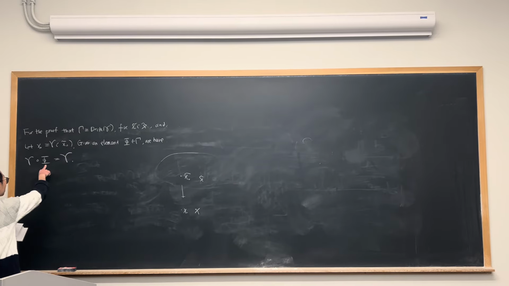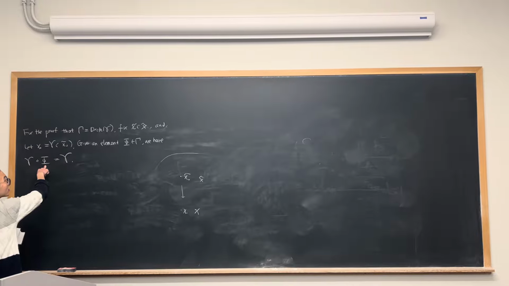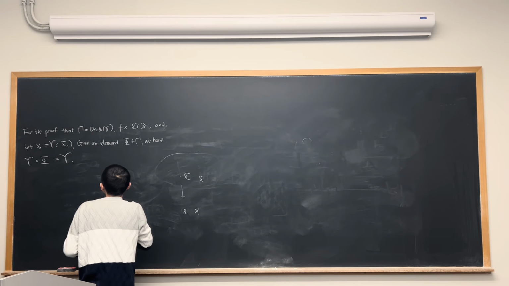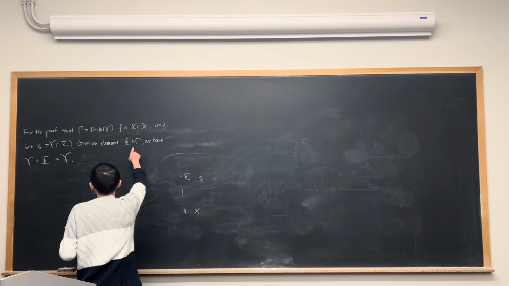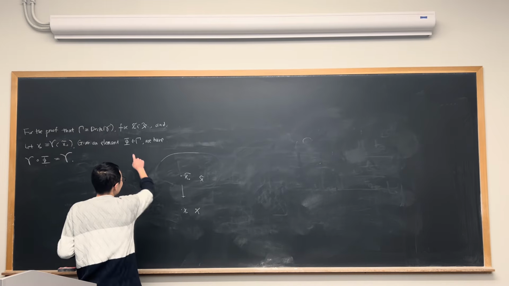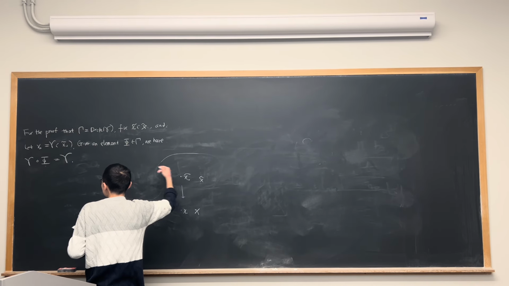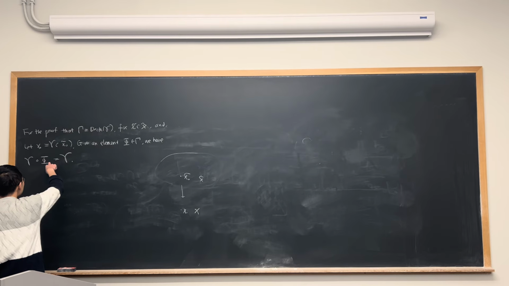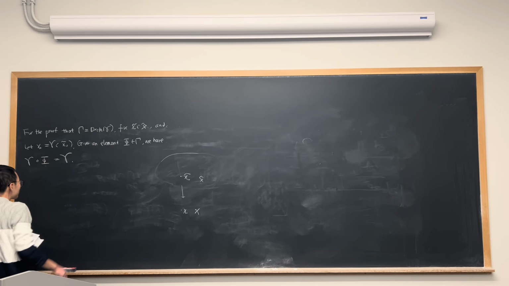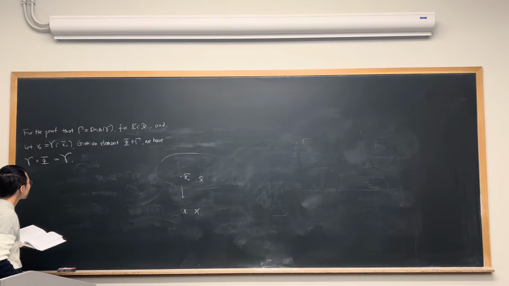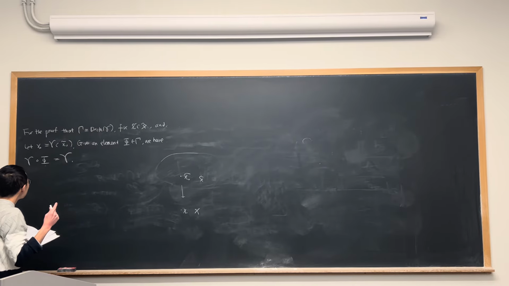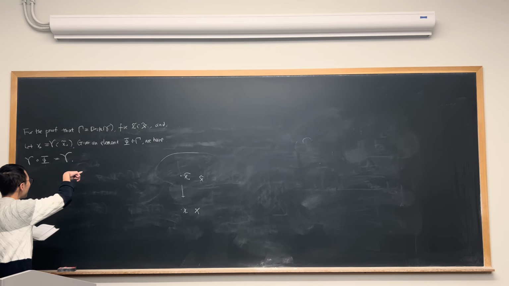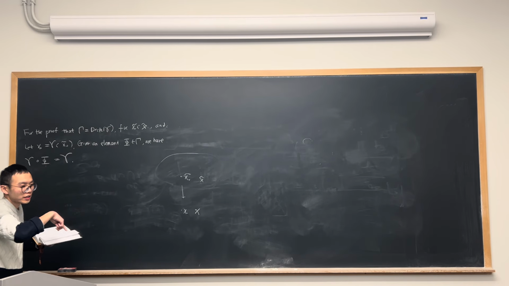Basically, because this phi is in this group gamma, it is in the same equivalence class of the original point under the action by gamma. Therefore, they project down to the same point.